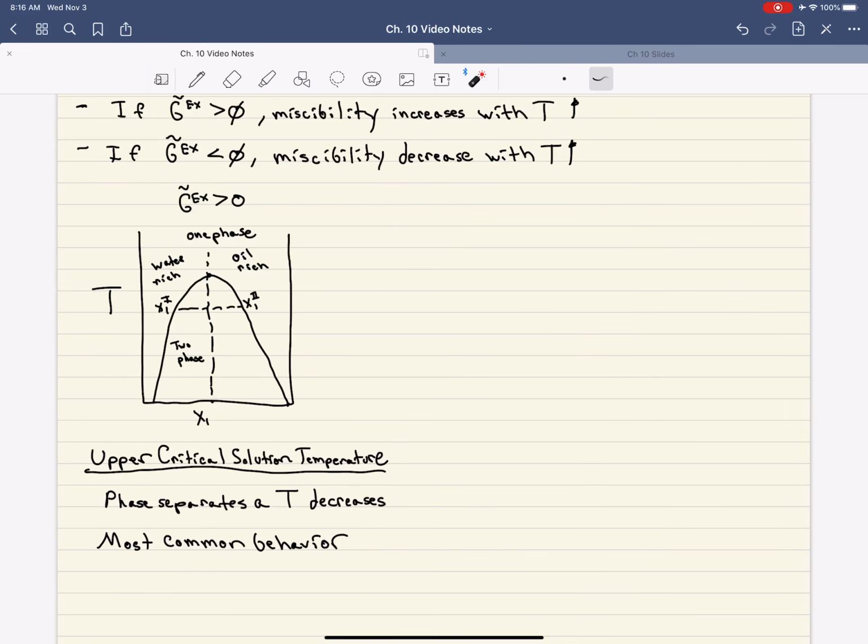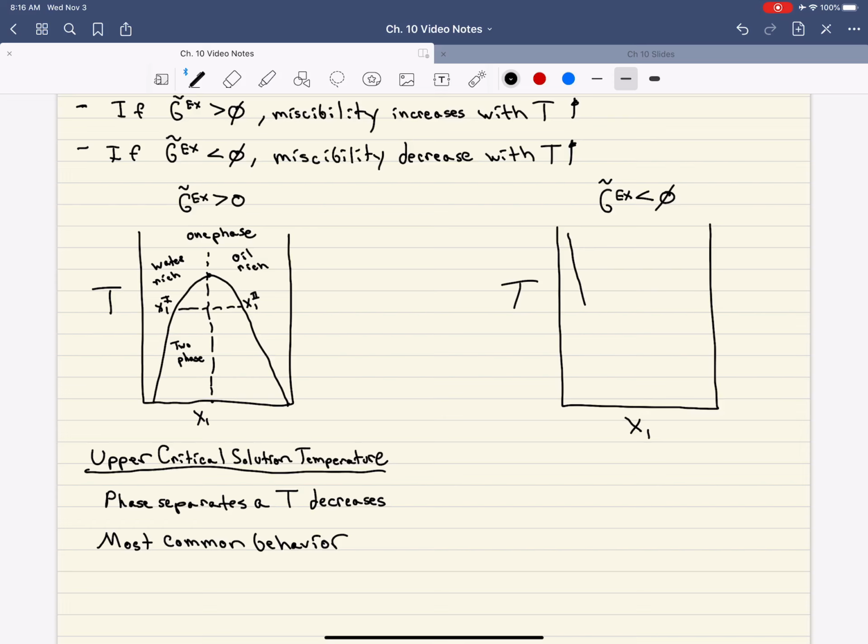And so now let's talk about the case where the excess Gibbs energy is below 0. In this case, in your T-x diagram, you would see behavior that looked like this, where at some low temperature, you have your one-phase region, but as you heat the material, it becomes less miscible.